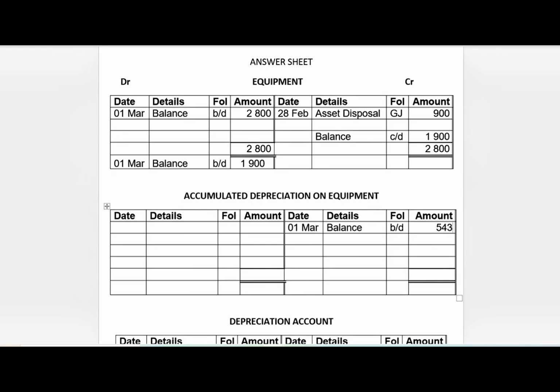Going forward, we need to calculate depreciation to close off all these accounts. Remember, depreciation is going to be calculated on the diminishing or reducing balance method.